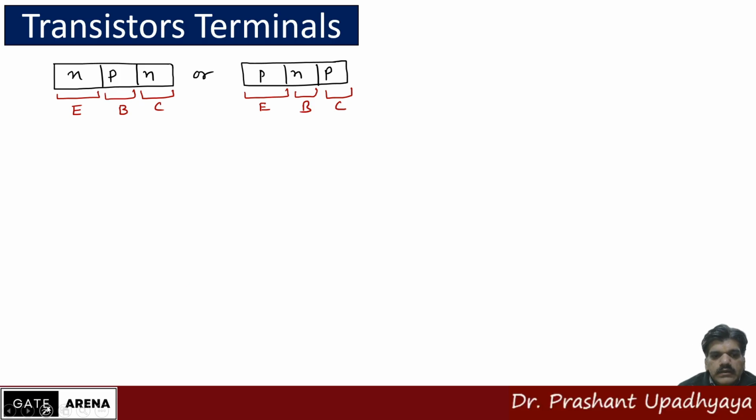Now, since we have already seen that we will be talking about these junctions, we will be having this J1 junction and J2 junction. Here also we will be having a J1 junction and a J2 junction. So our purpose is to make J1 forward biased and J2 reverse biased.